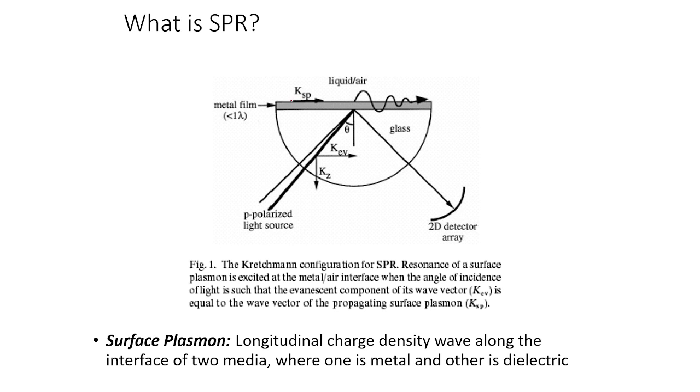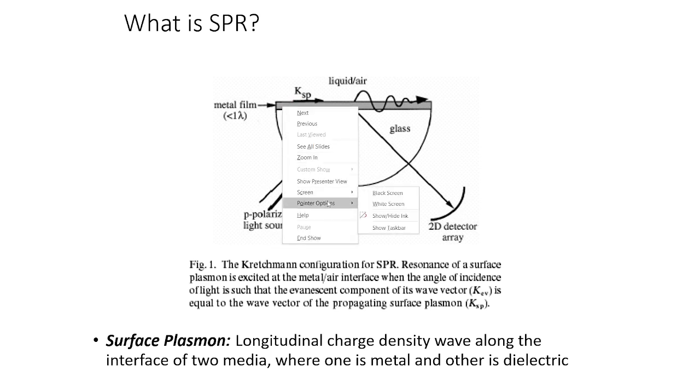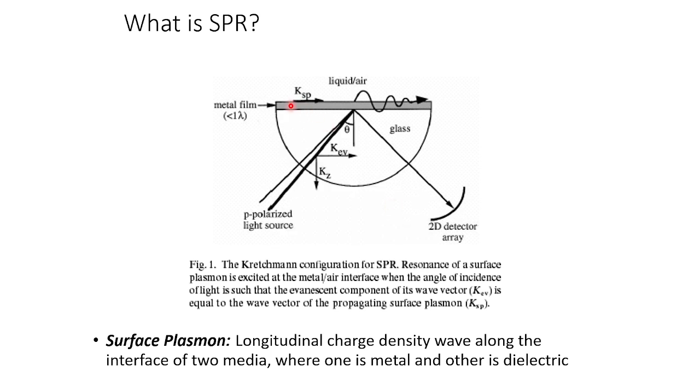So you have a metal film over here, and then there is the liquid or the air. There is a polarized light source striking the metal surface, and then you have a 2D detector array. These are the different components, and this is the angle at which it is striking the metal film.